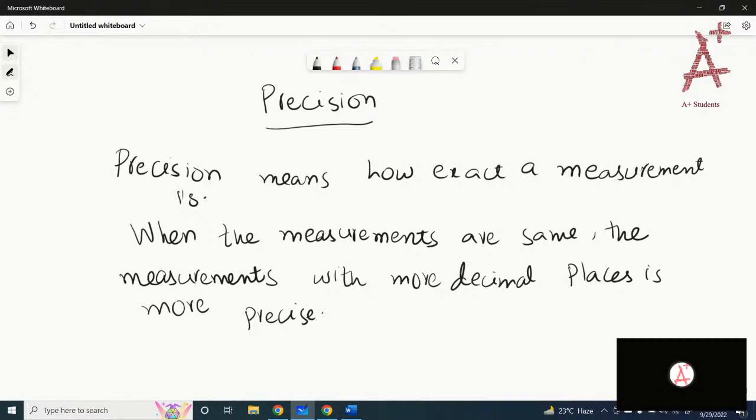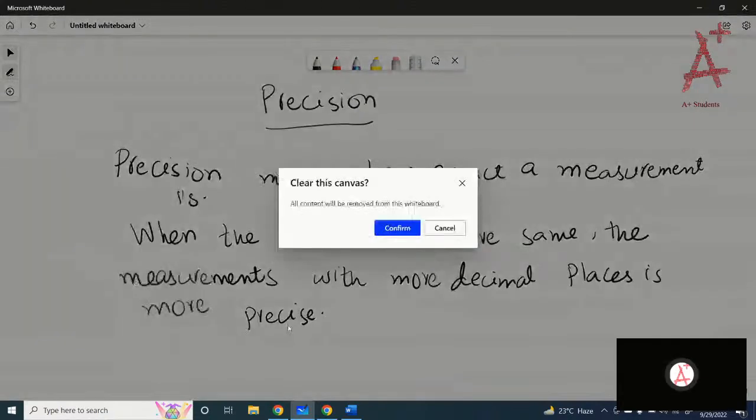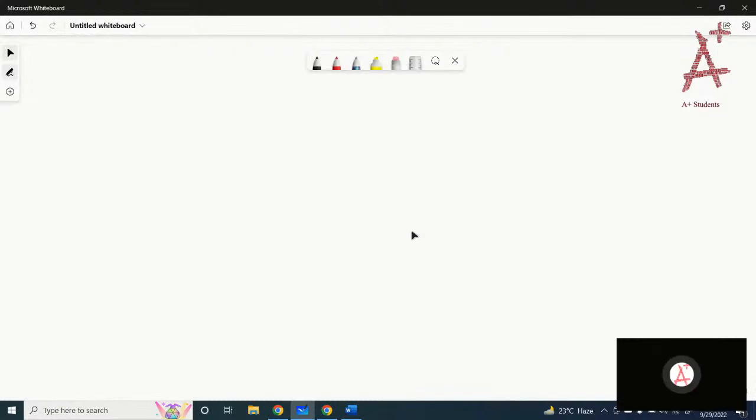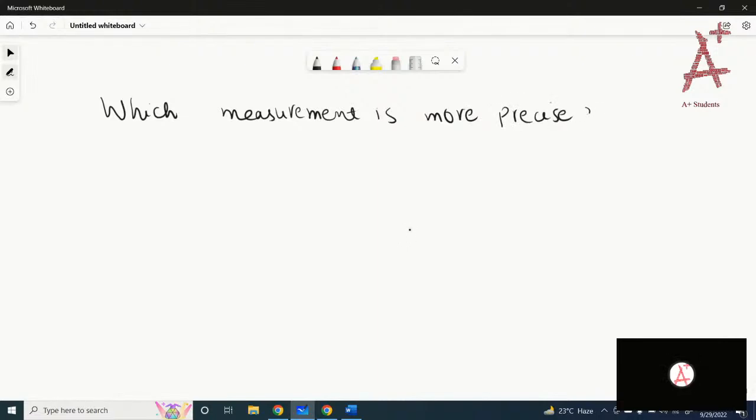Let's start with the definition with examples. You are given two measurements, and you need to see which measurement is more precise. The two are 22 hours and 21.95 hours.